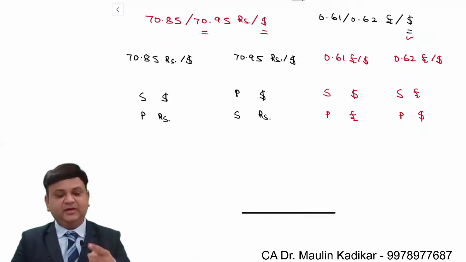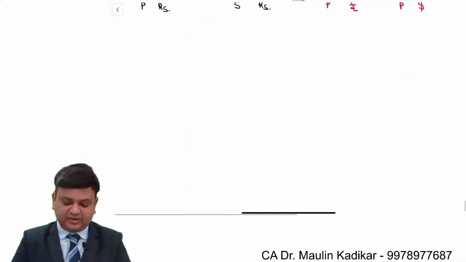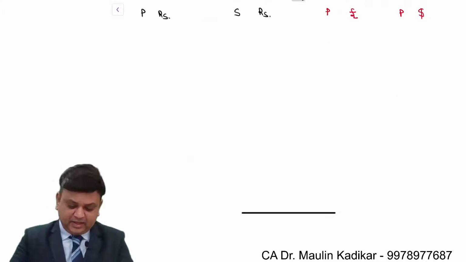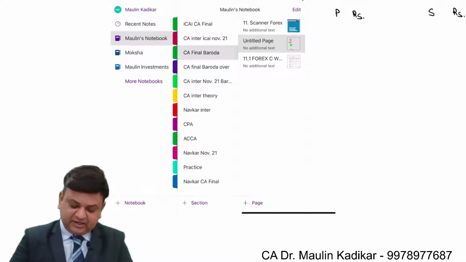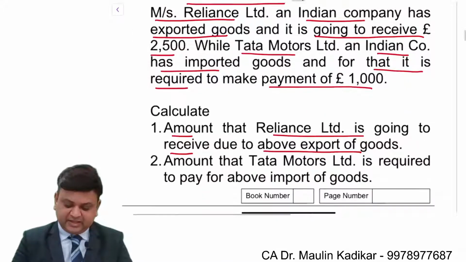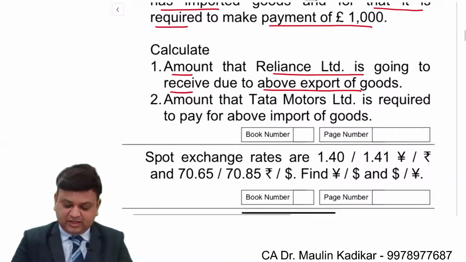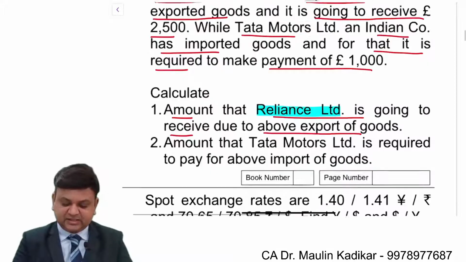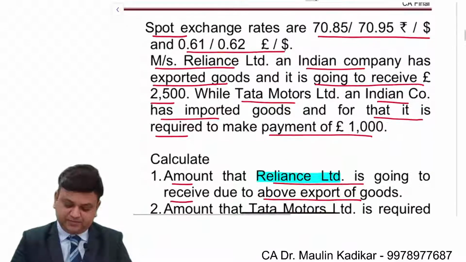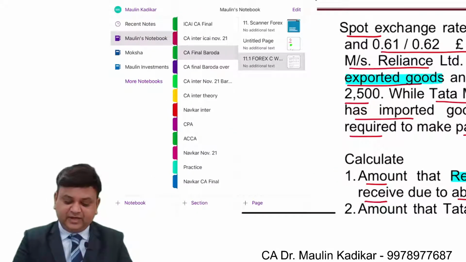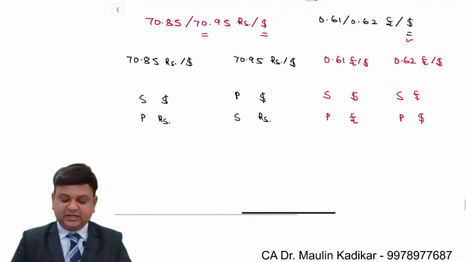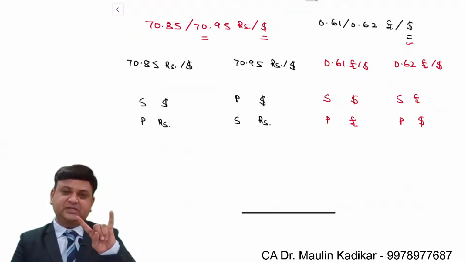Now further we understand like this. Listen carefully to what I am going to say. There is an Indian company called Reliance Limited, and this company has exported goods. For that it is going to receive the consideration in pound currency. As far as the pound and rupees are concerned, they are not directly related.